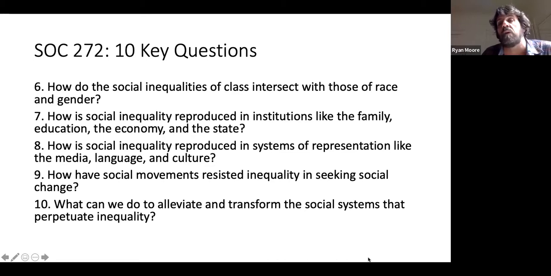So, we'll be looking at different points in the semester, and you will also have different readings and films, especially towards the end of the semester, that look at these social movements, these forms of organizing, these grassroots movements that are looking to empower working class people through collective action and collective organizing.